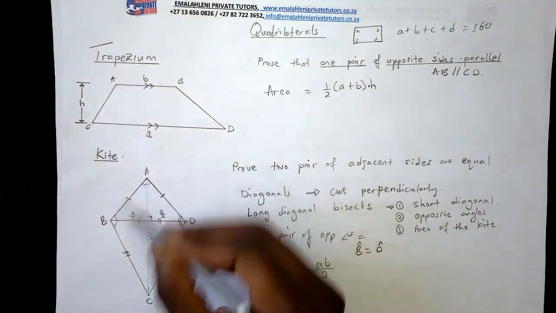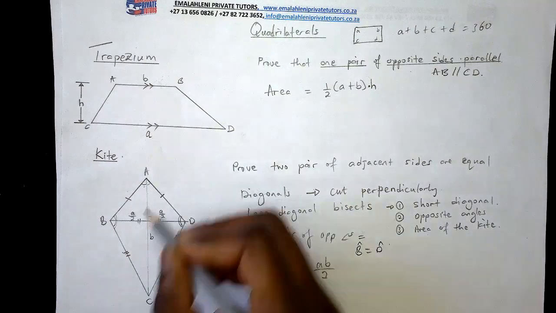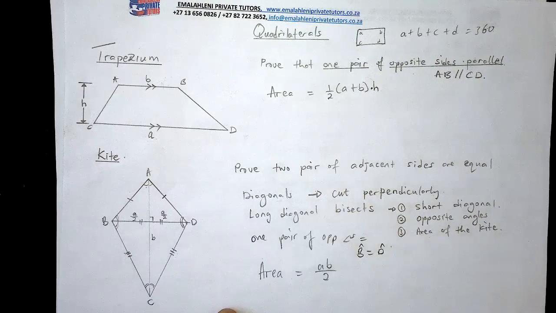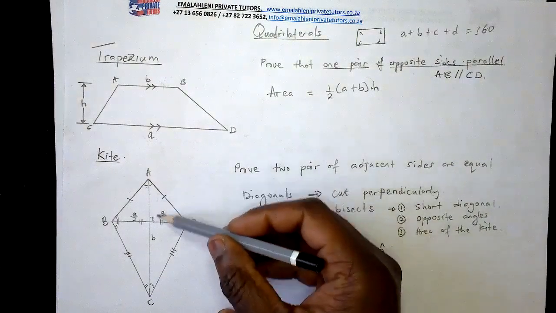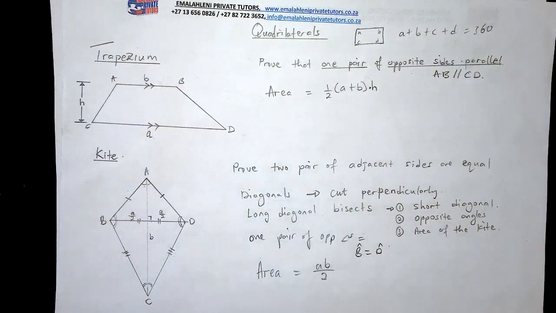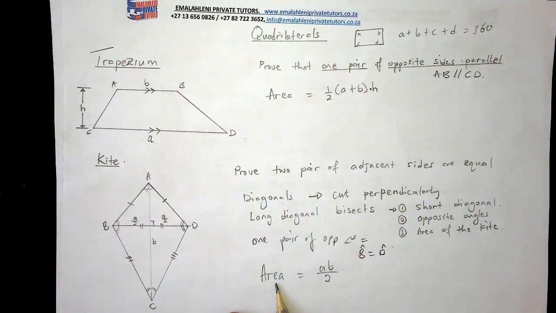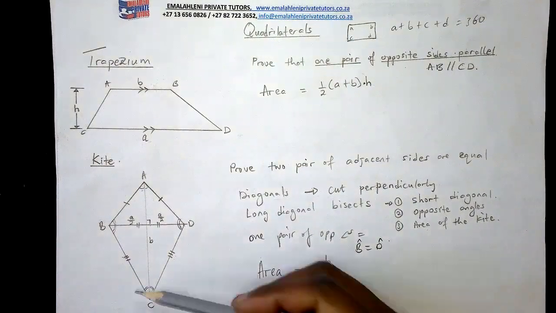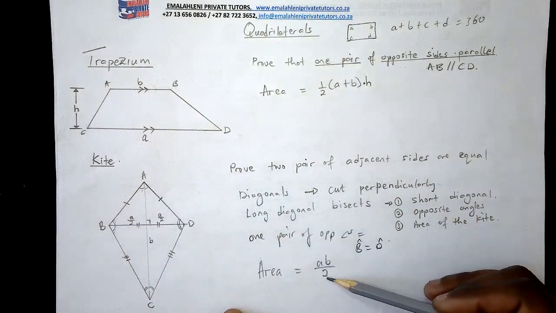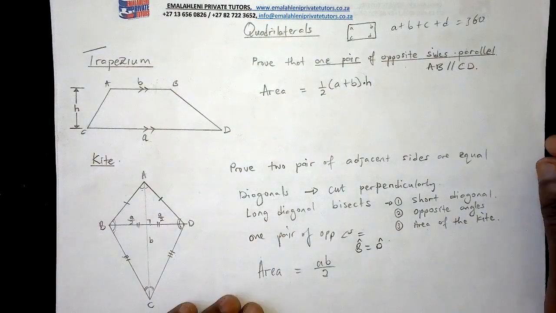Also, the area of the kite, this part here and this part here, are actually equal. So the area of a kite is A B, which is the long diagonal times the short diagonal, over 2. That's how you get the area of the kite.